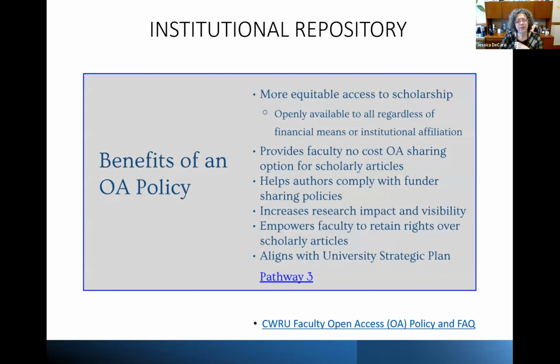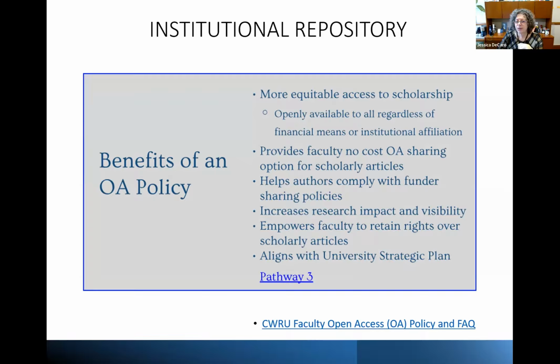The benefits, like we said before, more equitable access is a huge help. If you have your article in a repository and somebody says, "Hey, I'd really like to see your article, but I don't have paid access to it," you can provide access in a copyright protected way by sending the link to your work to anybody.